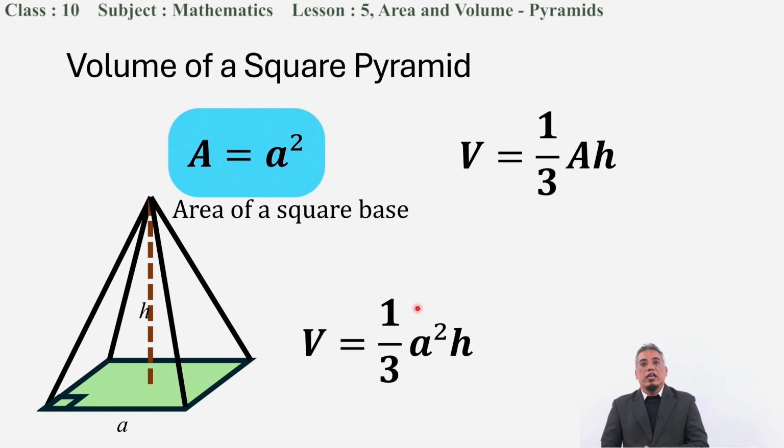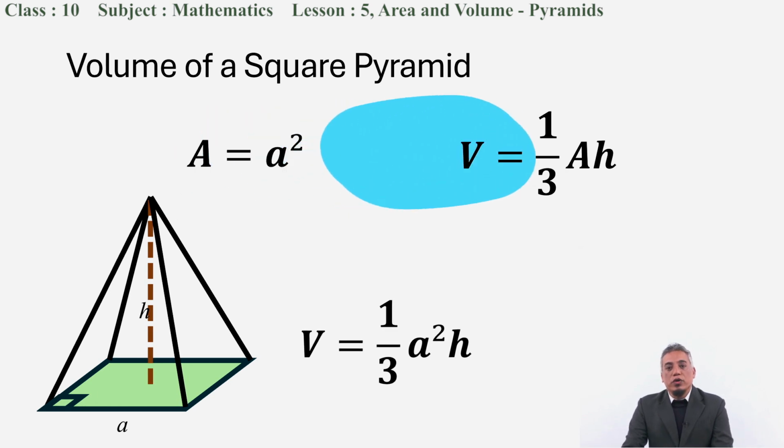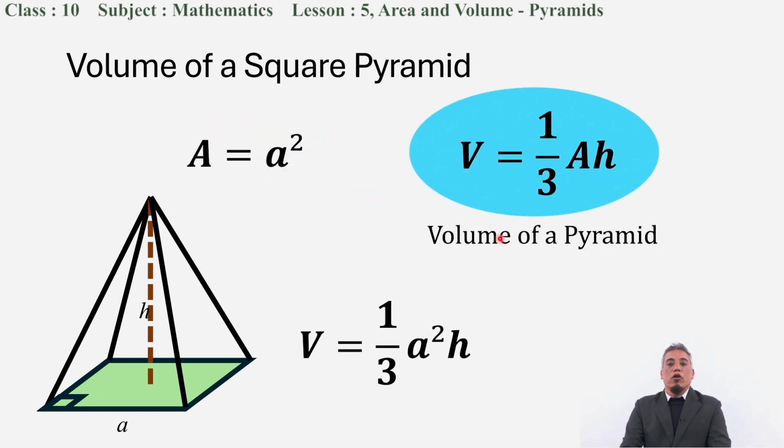Now, as we use a square base pyramid, for the volume of a square pyramid, we know that the area of the square base is given as A equals a squared, because the length we take as small a. And just before, we discussed that volume of a pyramid equals 1/3 of area times height.